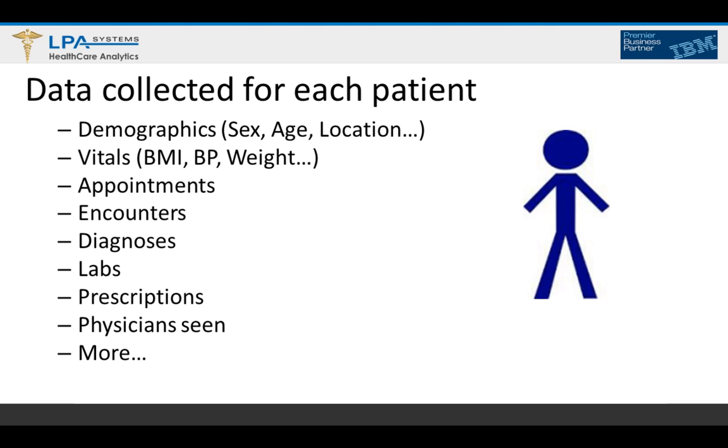Encounters, diagnoses, labs, prescriptions, physicians, etc. So we really do collect a lot of information for each patient and store it in the warehouse for easy retrieval. Okay, so with that, I'm going to jump across into our demo.